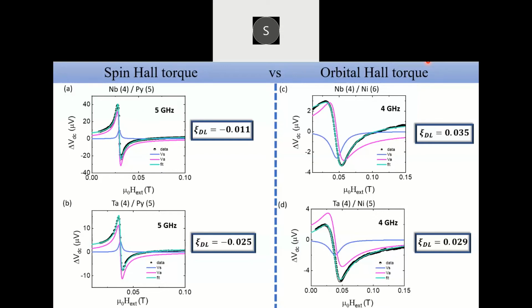Even if the orbital current is injected in the ferromagnet, it has to get converted into spin current, which can only be done if the magnet's SOC is high. In the case of nickel, its spin orbit coupling is very high. That's why this orbital current is converted into spin current in nickel, but in the case of permalloy, both these things are less efficient. So we see the dominating effect of spin Hall and not the orbital Hall.